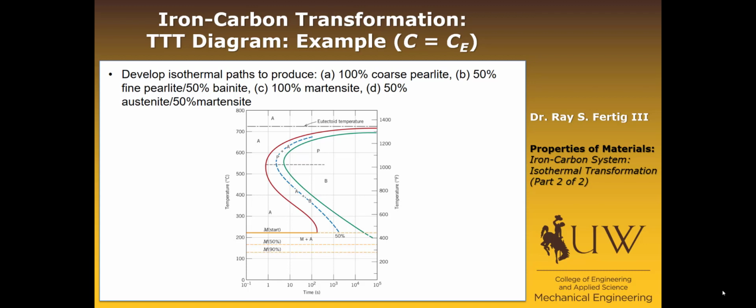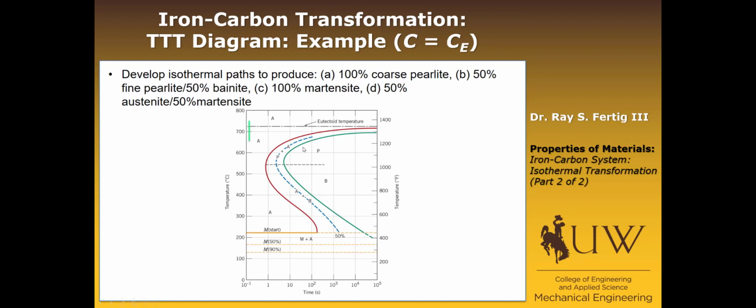So let's do part A. We want to create 100% coarse perlite. To do that, we need to cool it to some temperature close to the eutectoid, since coarse perlite forms close to the eutectoid. Fine perlite is going to form in these temperatures over here. So let's cool to, let's say, 650 degrees C. And now we want to hold for an appropriate length of time.